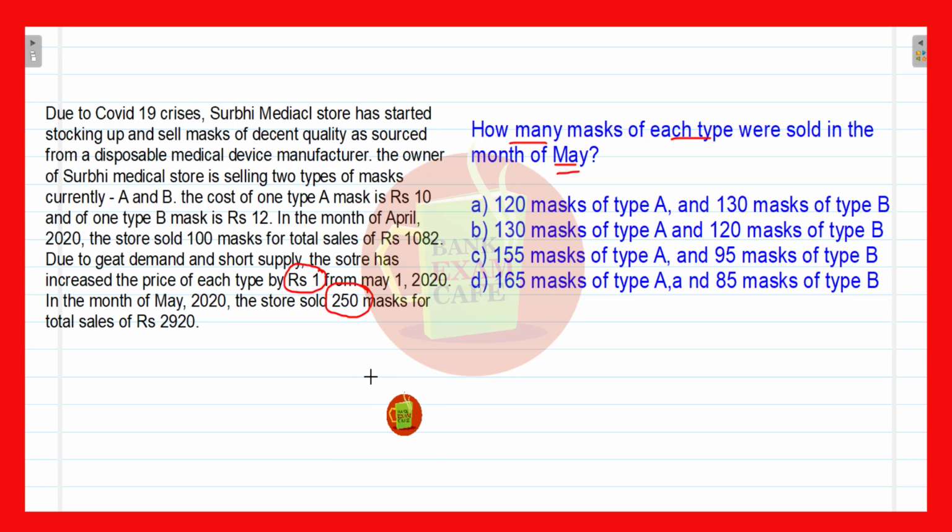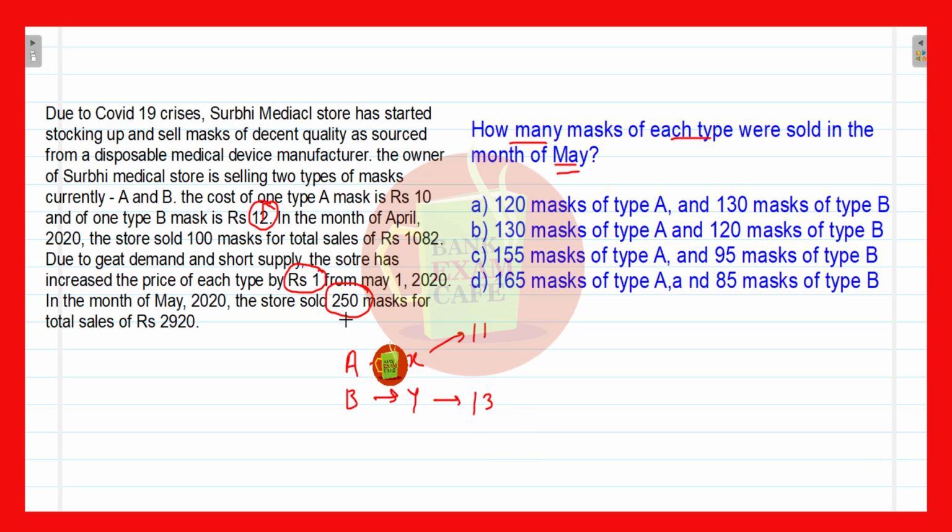And so here, let the A type of mask be X and the B type of mask be Y. The cost of A type of mask will be rupees 11, because previously it was rupees 10 and now the rate was increased by rupees 1, so it becomes 11, and the cost of B type of mask will be 13, because previously it was 12.